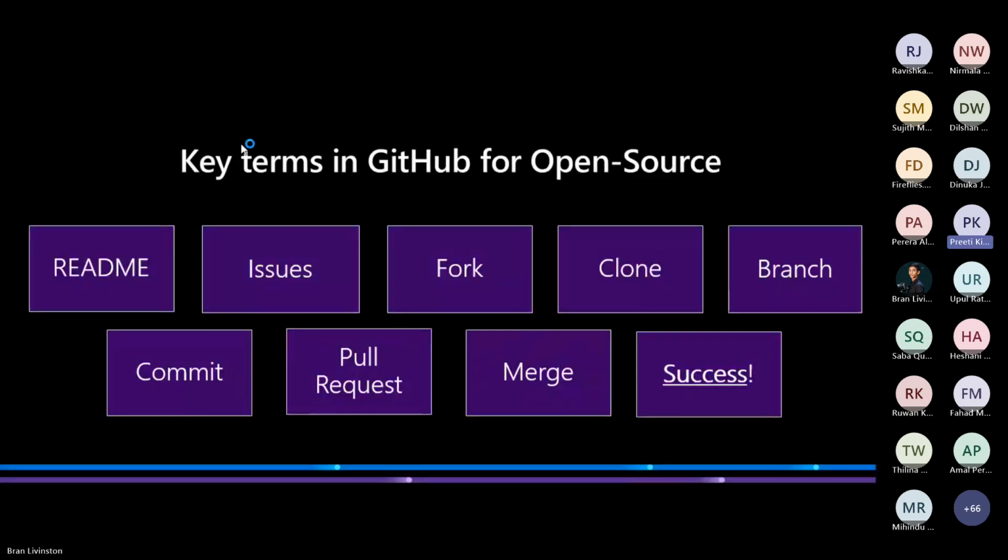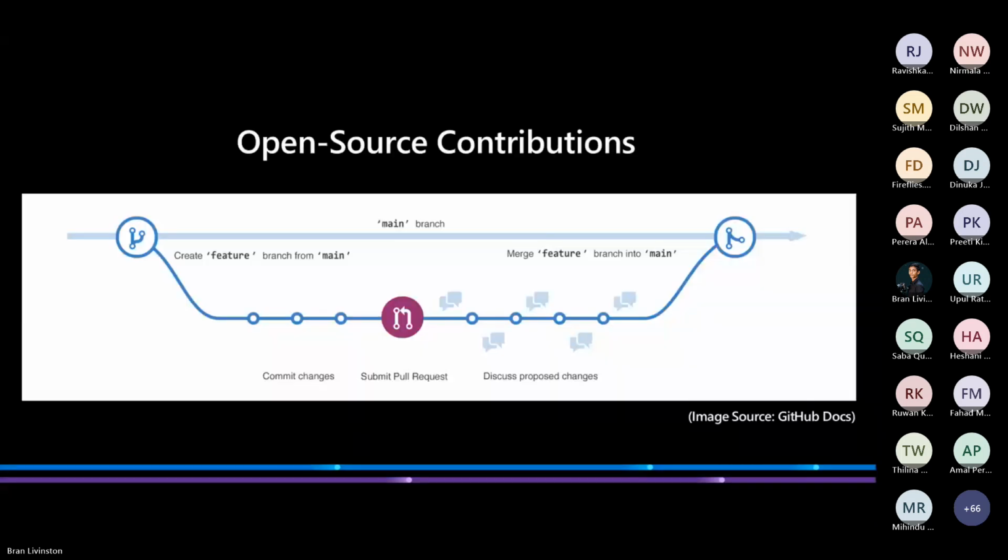So let us see in depth about the branches. Next slide, please. You can see the top horizontal straight line, which is the main branch.